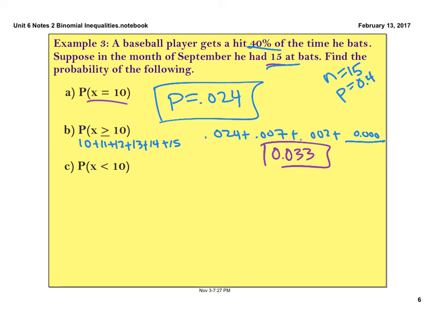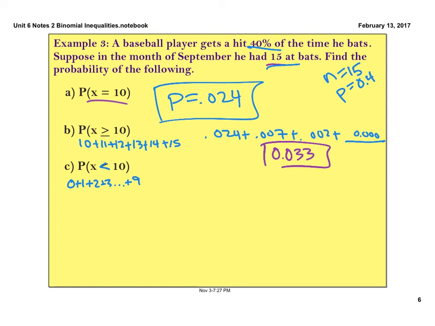Now let's talk about part C. So in part C, now you're looking at x being less than 10. So that means you would want the 0 plus the 1 plus the 2 plus the 3 all the way up to the 9. Now, it's not really that big of a deal to sit and add all of them.